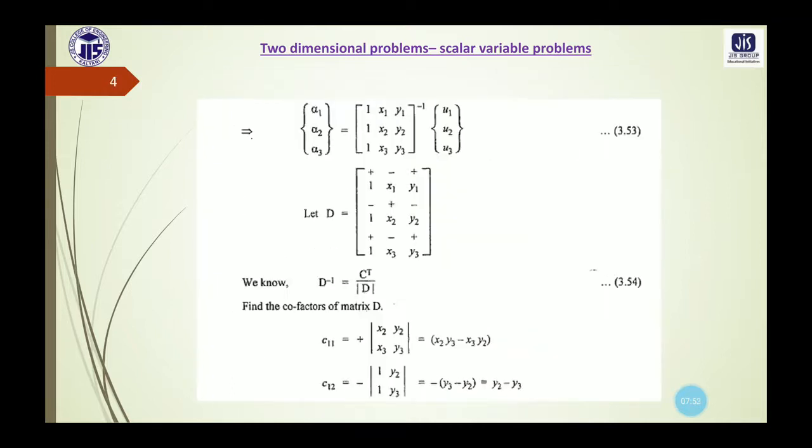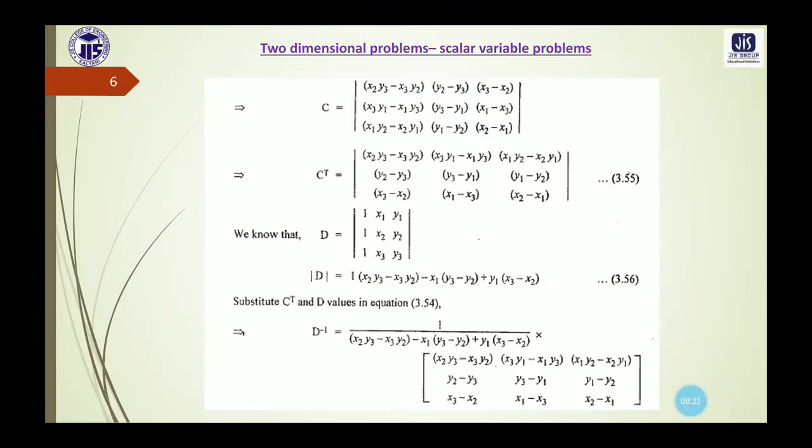That means if we go back to the earlier equation, so till now we have seen that D inverse is Ct by D. Ct is the transpose of the matrix formed by taking the cofactors of the matrix D, and we need to divide that with the determinant of the D matrix.